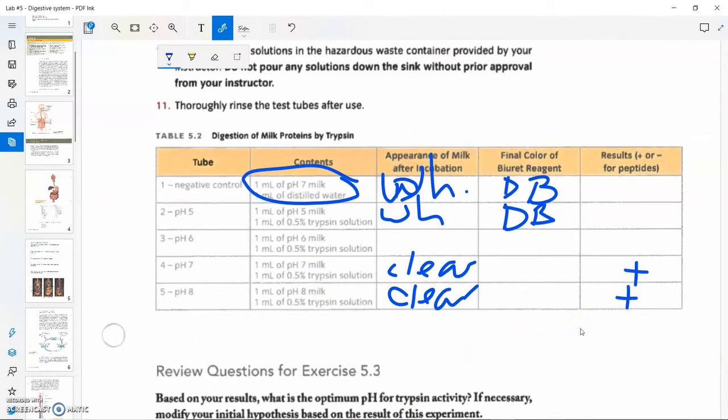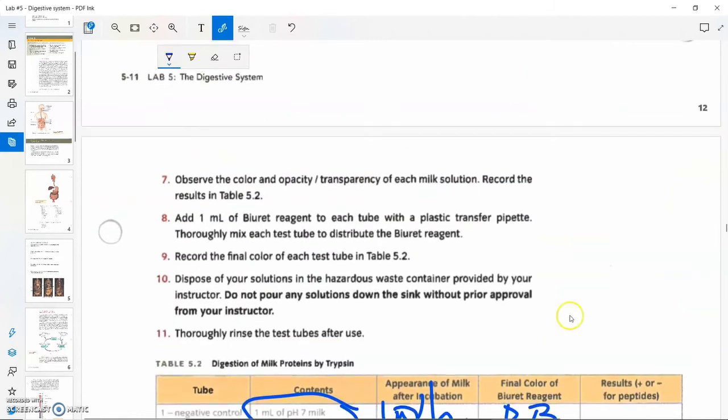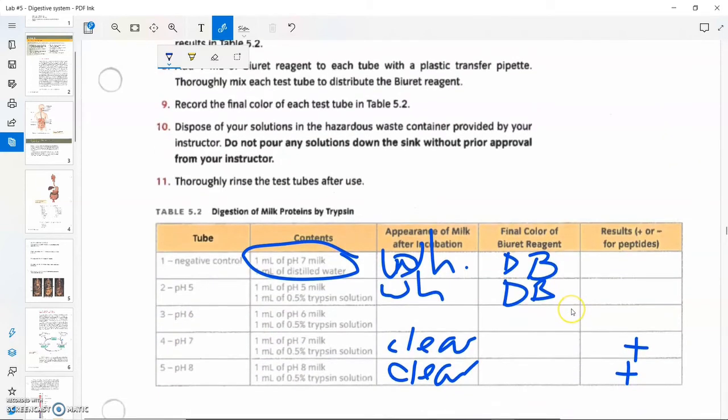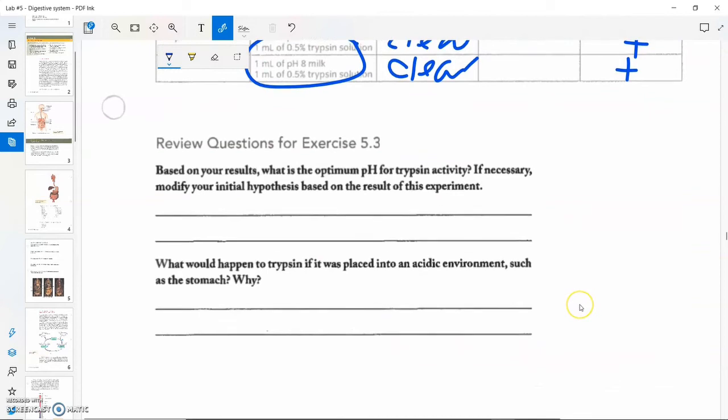What this experiment would show is that enzymes work best at the pH that is optimal for that particular enzyme. So for instance, at acidic pH, we're probably not going to have any result for presence of peptides, just the presence of proteins.